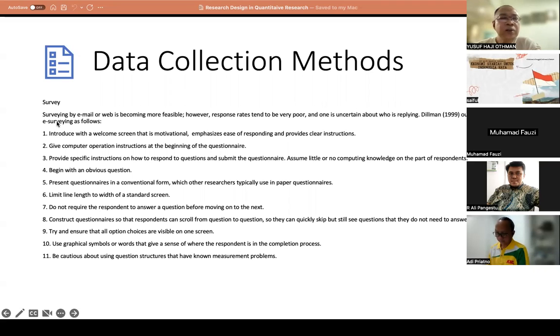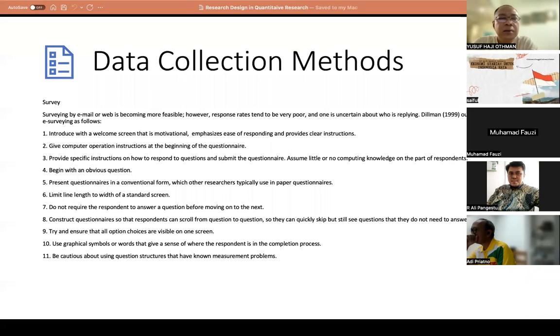So an e-survey can be done using email, or nowadays using WhatsApp is also possible, where the researcher will send the questionnaires using Google Form, and the Google Form is sent to the respondents by email, or now even in a WhatsApp group.